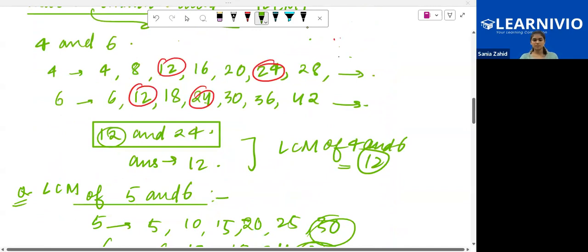It means that, for example, if we take 2 and 4, we have to check if they have the same multiples, and find out which is the lowest one, and that is the lowest common multiple. So basically, you check for the common multiples and then pick the lowest amongst them. That is your LCM.